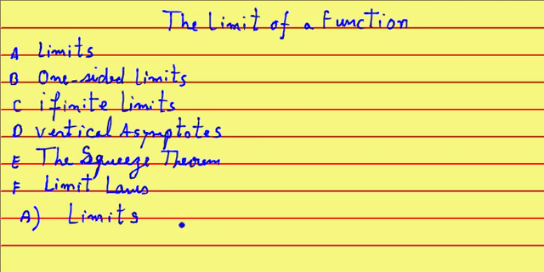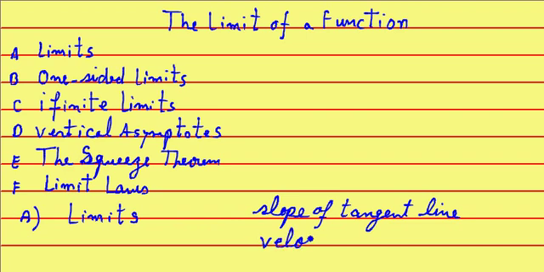We already saw in the previous lecture that limits come up in the context of calculating slopes of tangent lines. Another important application of limits came up when we talked about figuring out the instantaneous velocity.